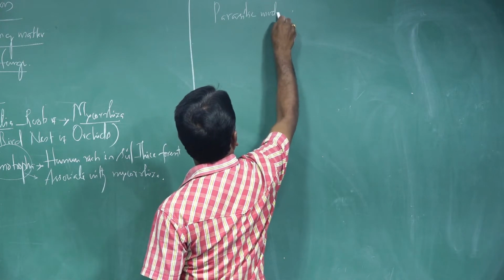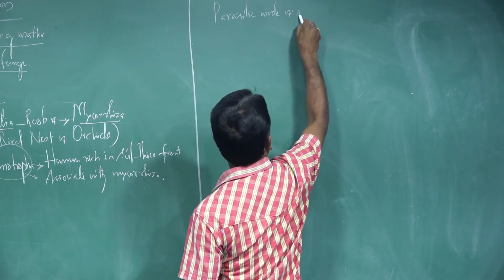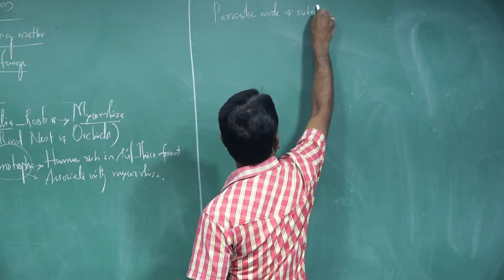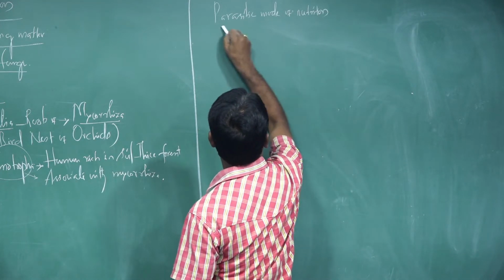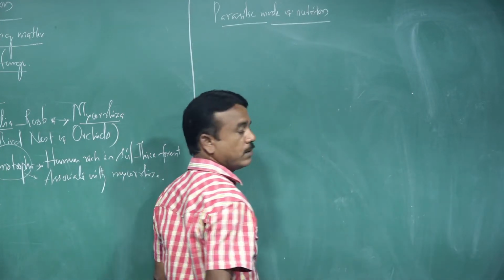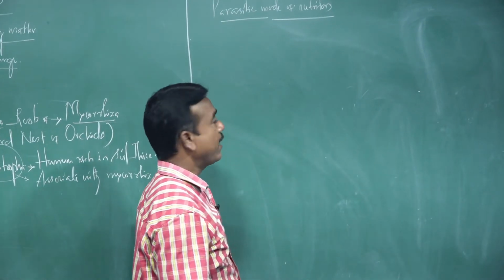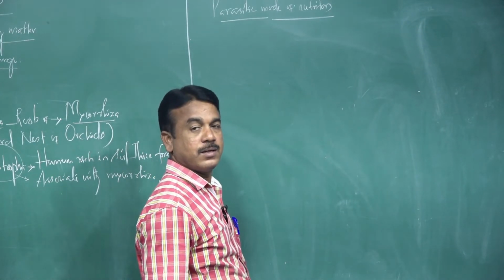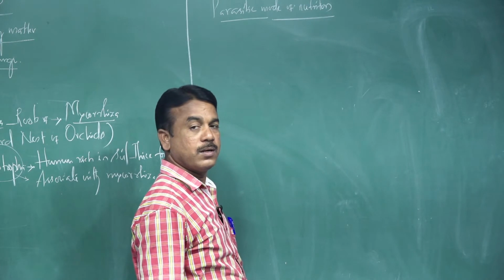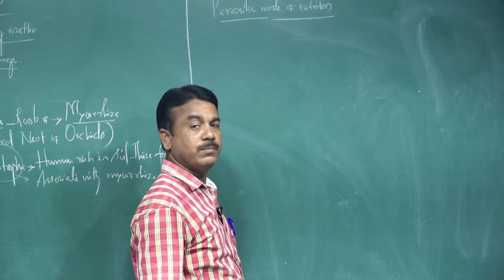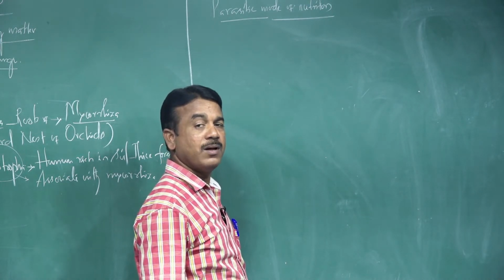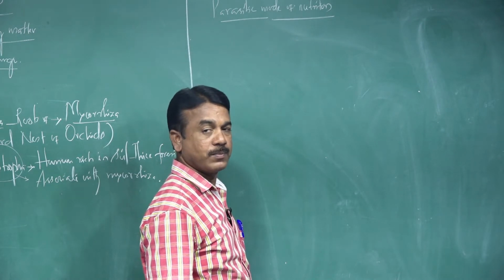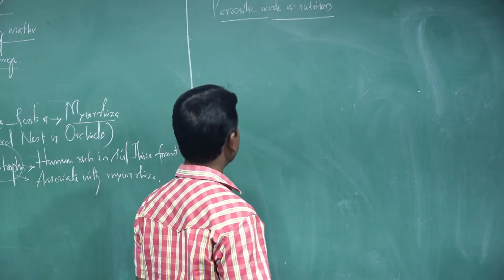Can I go to the second one, commonly called as parasitic mode of nutrition. What are commonly called parasites? If you want food, the living organism gets nourishment from another living organism. That is commonly called a parasite.